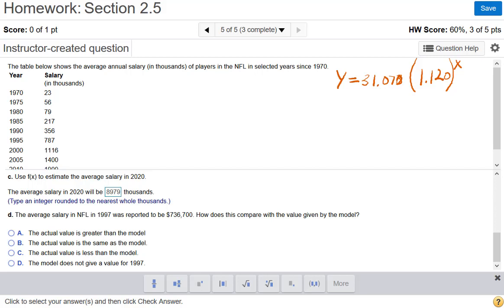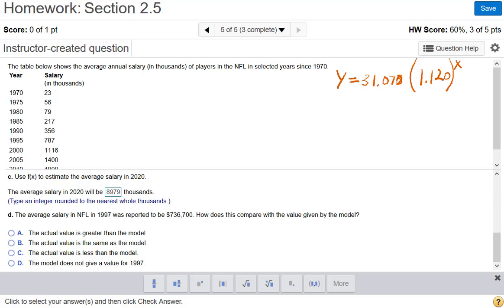Now on the last part, we're just choosing from the list there the statement that asks how the average salary in 1997 compares with what the model says. So we need to know first off, what does the model say?